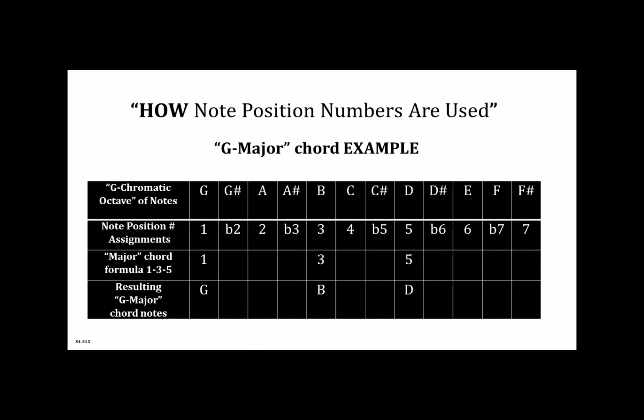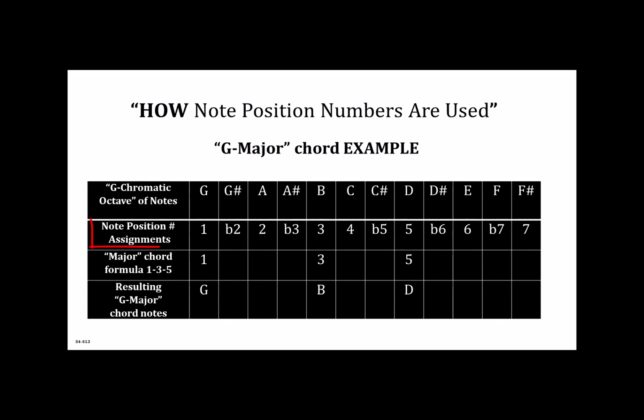And now the third chord in our make-believe song. Let's use the same process that we've done in the previous two. In this case, we're looking for a G major chord. Again, you can see that the chart here is the same chart. We just took row 1 and replaced it with a G chromatic octave of notes, G all the way up the line there.